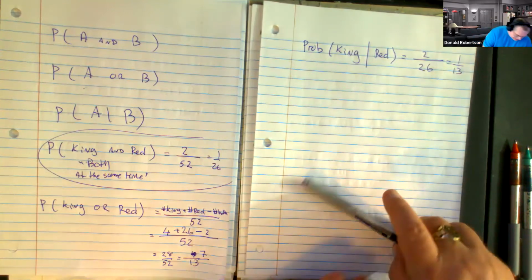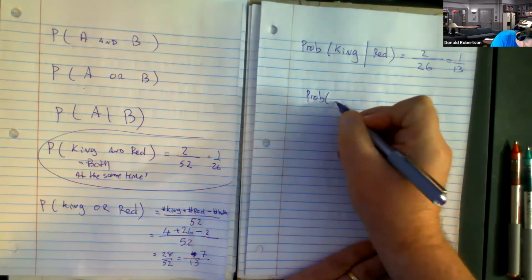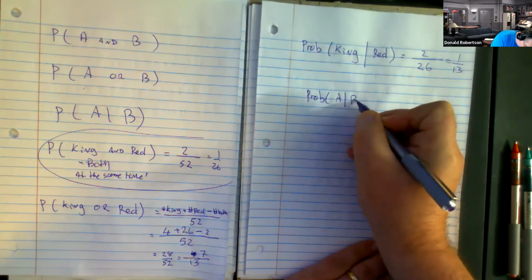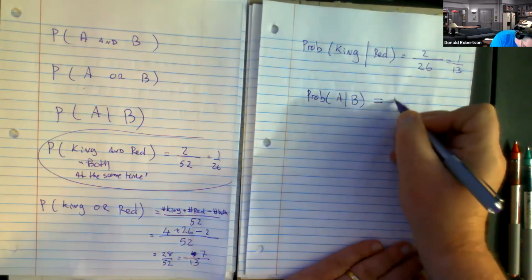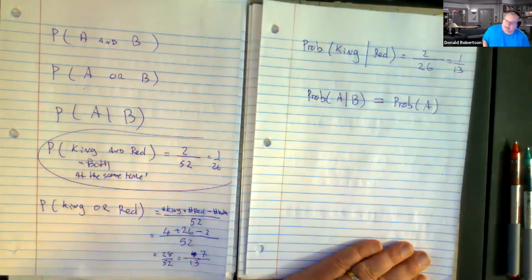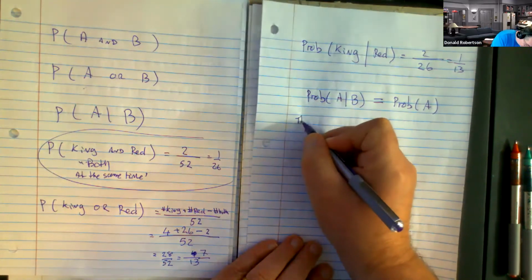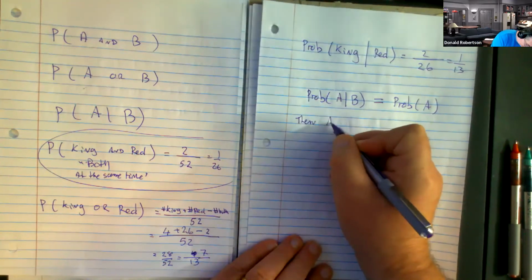And you get different answers to probabilities that use them. Okay. If I told you that the probability of getting A given B was the same number as the probability of A, you can make a conclusion.